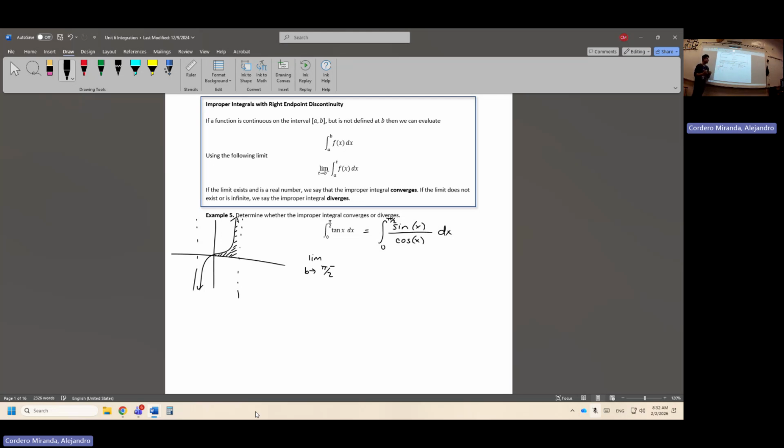I'm going from 0 to pi over 2. All right, cool. So I got to take that integral, but that is kind of a tricky integral to take if you don't remember how to do it.